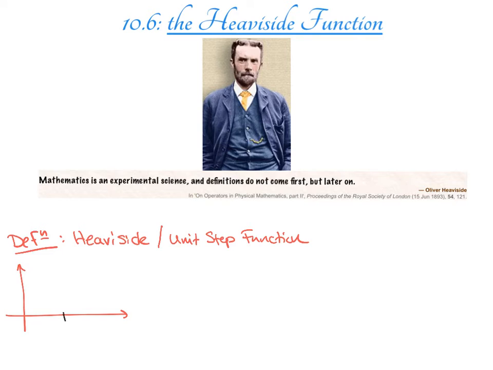From 0 to a, the graph is at 0. At a, the graph jumps up to 1, and it's just equal to y equals 1, or f equals 1, from a to infinity. And here's how we would write this function. The unit step function u sub a is a piecewise function where it's equal to 0 for t between 0 and a, equal to 0 but not at a.